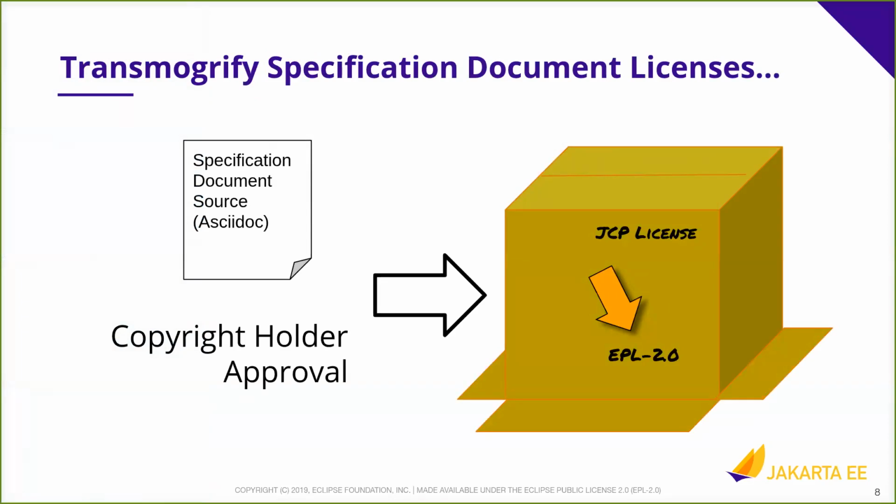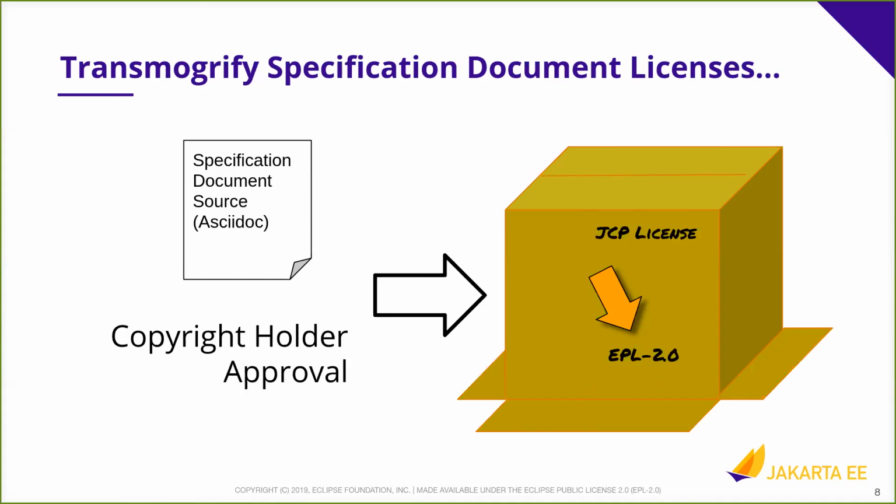So once I have all of that copyright holder approval, we can take the specification document source form, which, thank you very much to our good friends over at Oracle, they have taken all of the specification documents that they had in their possession and converted them from various formats, including FrameMaker and TeX and Microsoft Word and all sorts of different formats, and have converted them into AsciiDoc format.